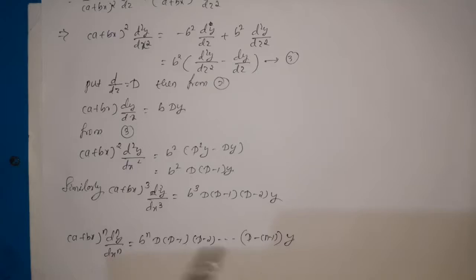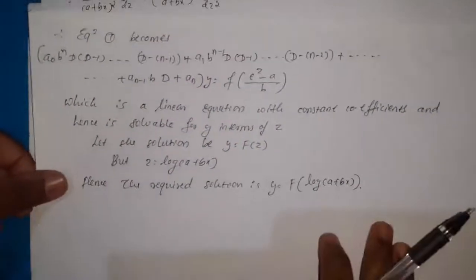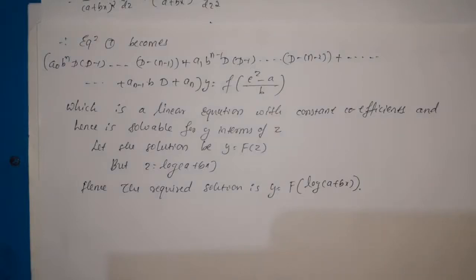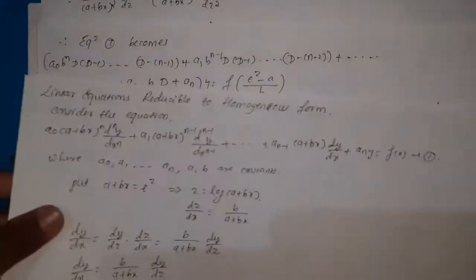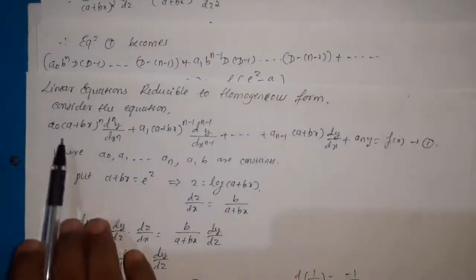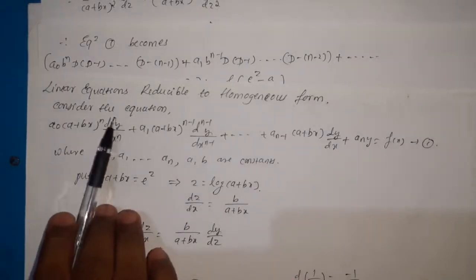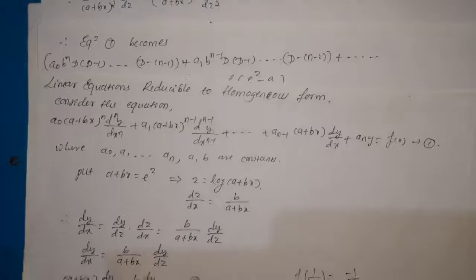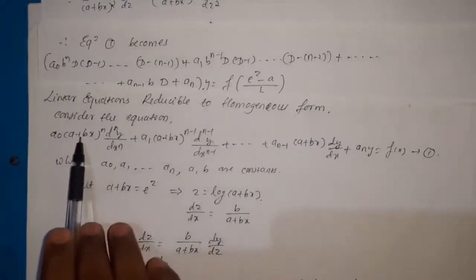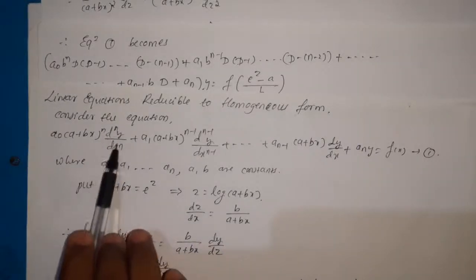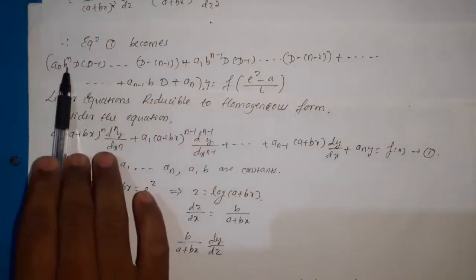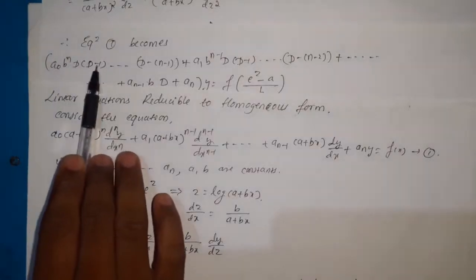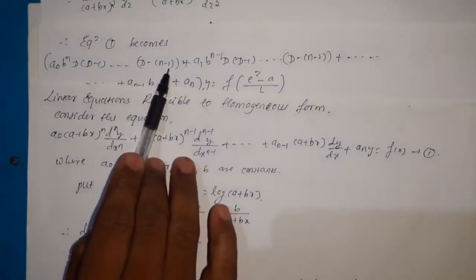So now, in general, a plus bx whole power n into d power n y by dx power n. Then we substitute all those terms in equation 1. Here we have equation 1, that is a naught into a plus bx whole power n d power n y by dx power n, and we know the value of this expression. So that is a naught b power n D into D minus 1 and so on up to D minus of n minus 1.